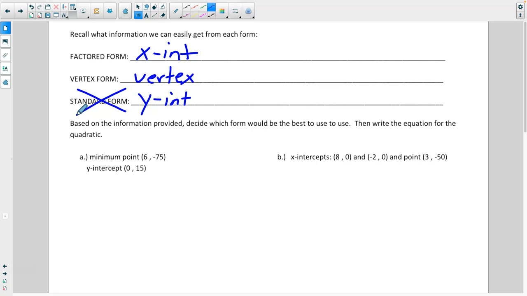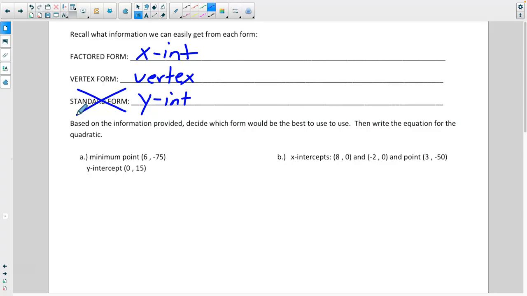Now what I'll say is today is basically plug in, plug in, plug in, plug in. All you do is plug in things that you know, okay? That's it. So if I'm taking a look at the first one, it says letter A, it says minimum point, gives me some numbers. It says y-intercept, gives me some numbers.